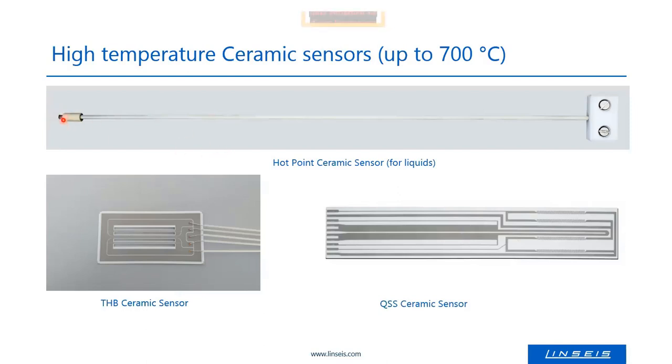And this ceramic hot point sensor is also very good for liquids because it has a low heating current, and the convection during the measurement in a liquid is quite low. So it's quite suitable to measure liquids as well, but we will see later on.